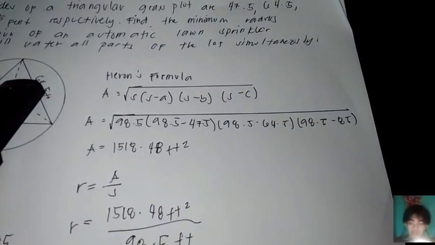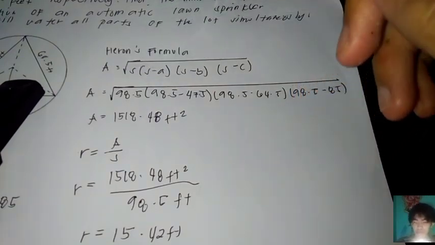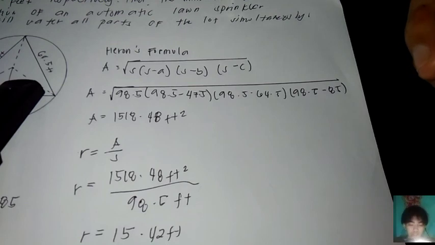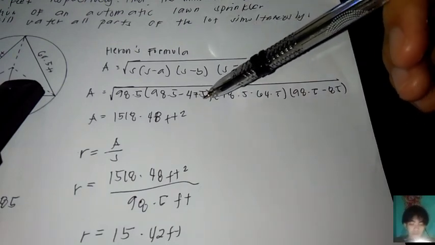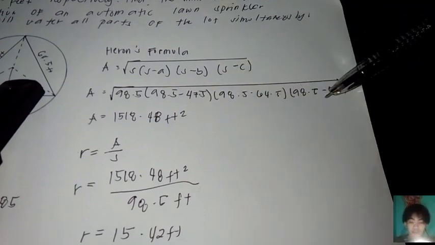So let's move on to the next. We use Heron's formula, which is area equals the square root of semi-perimeter, quantity of semi-perimeter minus A, quantity of semi-perimeter minus B, quantity of semi-perimeter minus C. Let's substitute the semi-perimeter and the A, B, and C. So we have the square root of 98.5, quantity of 98.5 minus 47.5, and quantity of 98.5 minus 64.5, and the quantity of 98.5 minus 85.